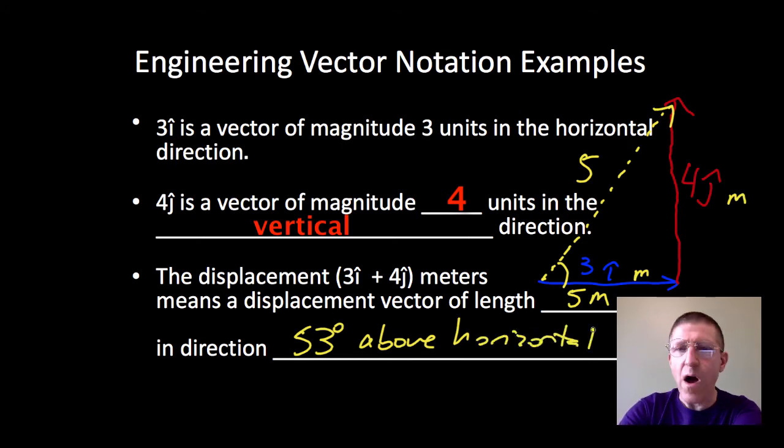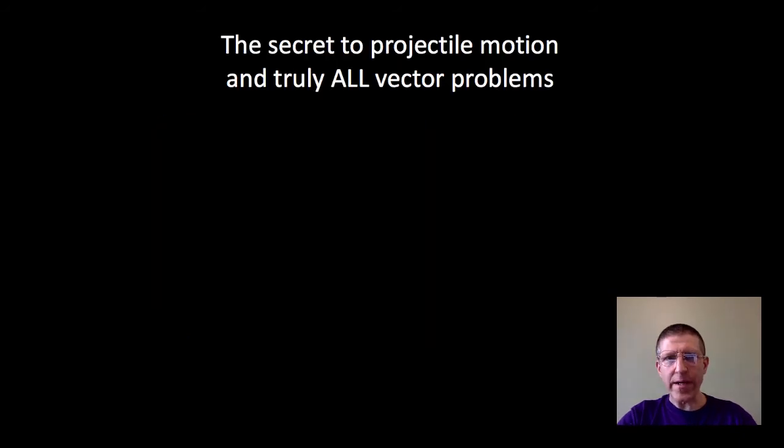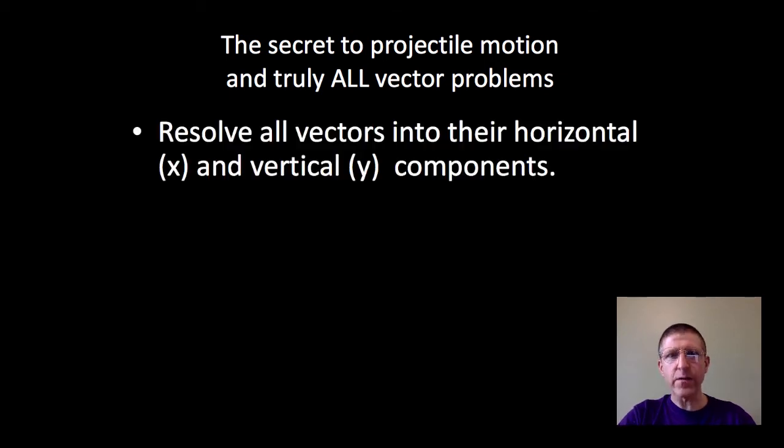So we can express all vectors in terms of their I hat and j hat components. It's just another way of expressing components. Now the secret to projectile motion, and truly the secret to all vector problems, is as follows. All you got to do is resolve all vectors into their horizontal and vertical components.